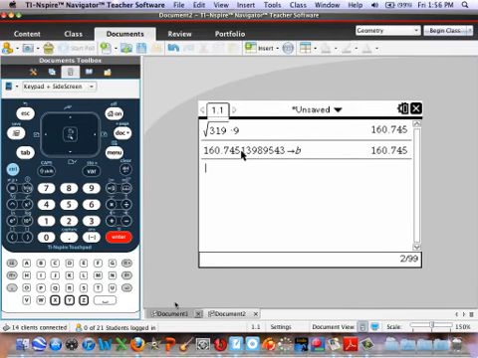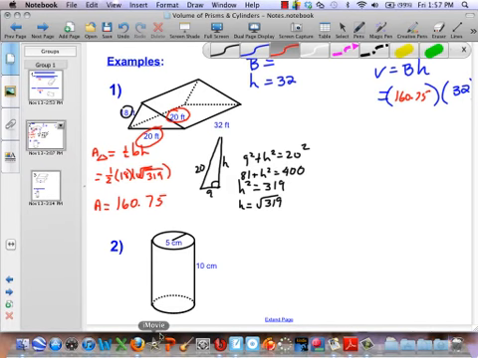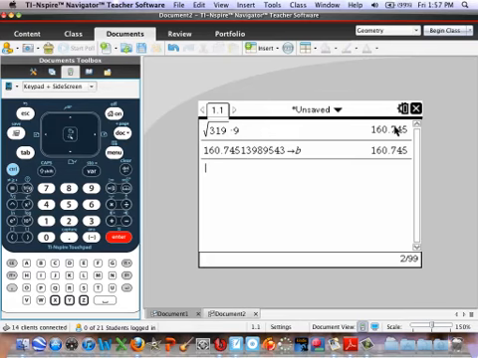And then we just said over here that the volume is base times the height. So 160.75. And again, remember that 0.75 is an estimated value, so it's better to leave it in this infinite decimal and just go B times 32.